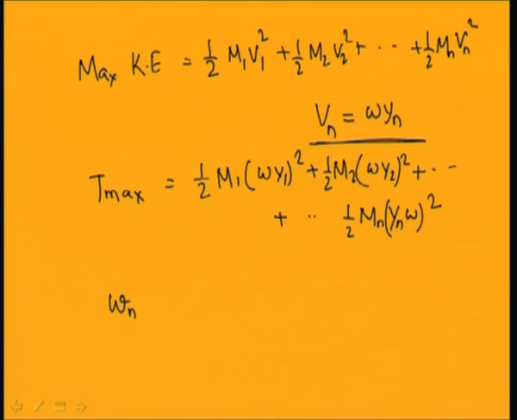I can write the maximum kinetic energy as half omega square into summation m y square, so half g by 2 summation m y will be equal to half omega square summation m y square.